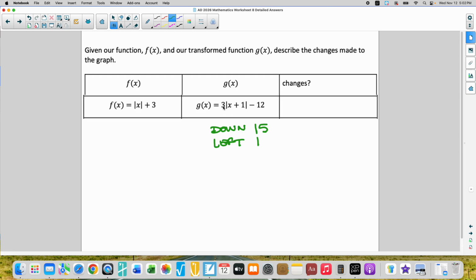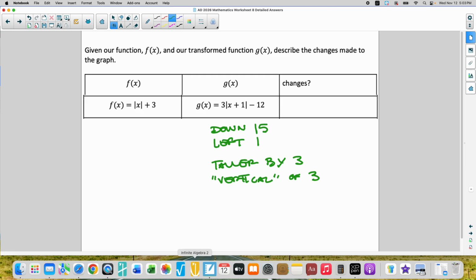And 3, as we saw, was a fraction. So 3 is going to make it narrow. We'll call it taller by 3. I think they say that's a vertical dilation of 3.